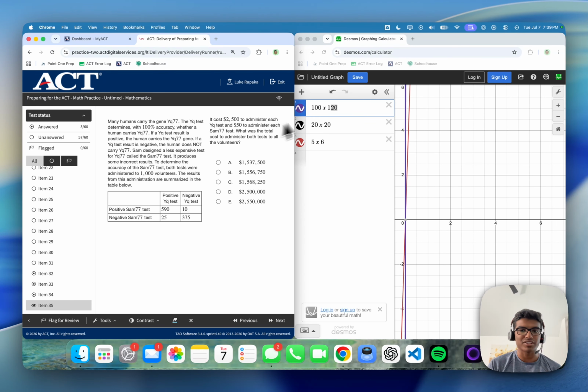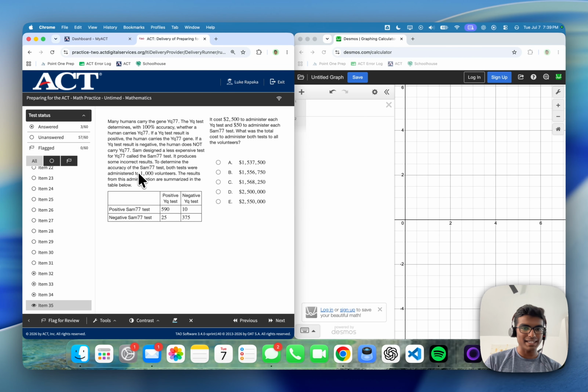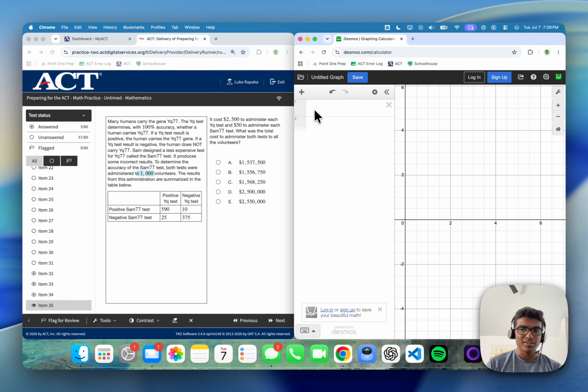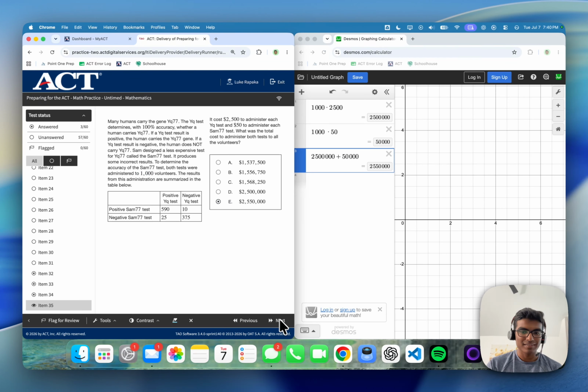We're trying to find the cost to administer all the tests, and in the passage it says that both tests were administered to 1,000 volunteers. So simply, I'm just going to take 1,000 multiplied by the cost of the first test, which is $2,500, and then do the same thing with the second one, $50 each. Then I can just take those two numbers and add them, and I get 2.55 million. So it would be this one.